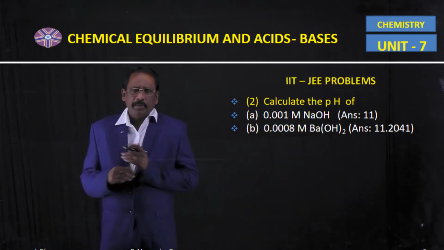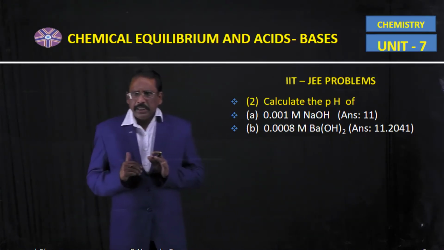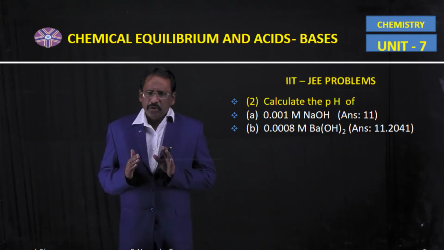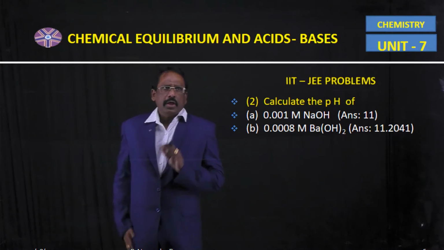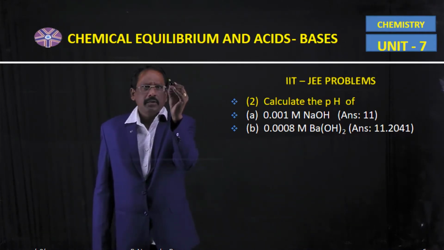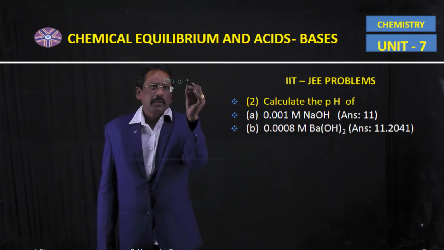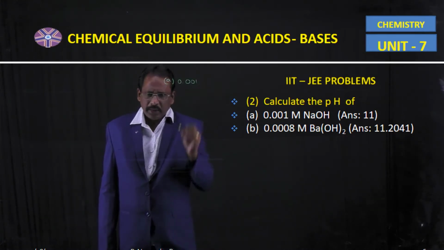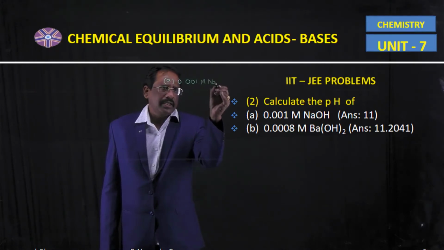Now the next problem is: calculate the pH of 0.001 molar caustic soda solution, that is 0.001 molar NaOH solution.